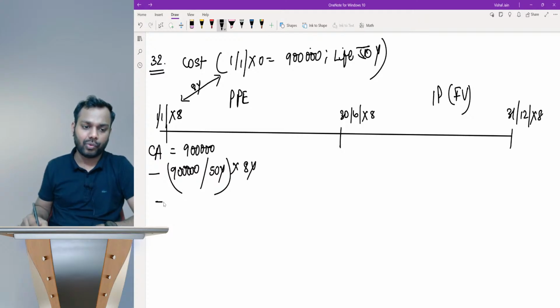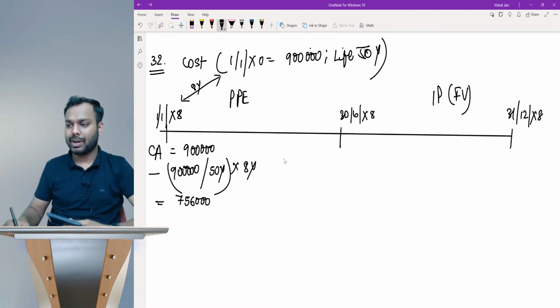Which is equal to what value? Okay, so it's 756. Carrying amount is 756.